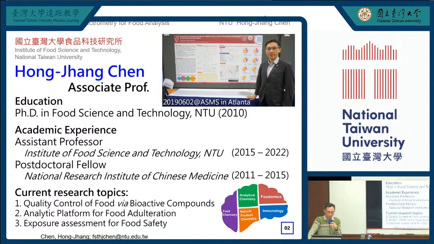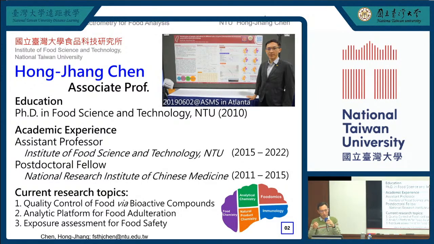During my postdoc career, the Q-TOF was used to evaluate the pharmaceutical effects of traditional Chinese medicine by a proteomics approach. A linear ion trap was utilized to identify and quantify the secondary metabolites of traditional Chinese medicine by metabolomics study. Nowadays, the foodomic study is performed by Orbitrap.